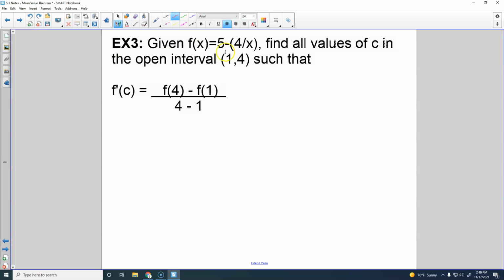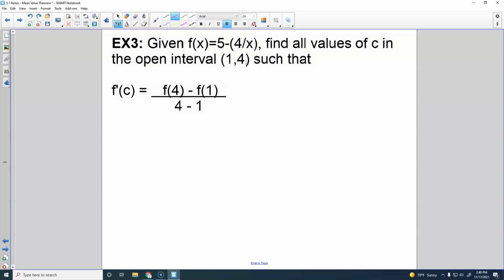So they do give an open interval here, but is this still continuous on the closed interval? Where's the only place this is not continuous? 0. So it would still be continuous on the closed interval here, so it's okay.